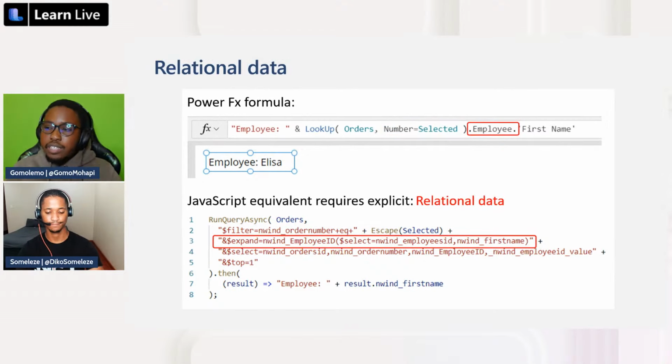The next characteristic of Power FX is the way that it deals with relational data, right? When you have two different tables related through, let's say, a many-to-one relationship, you need to have knowledge of the foreign key, similar to a join in SQL, to gain access to specific data.